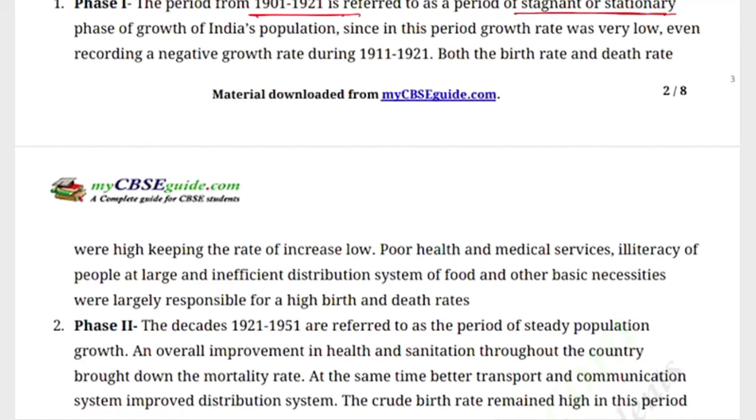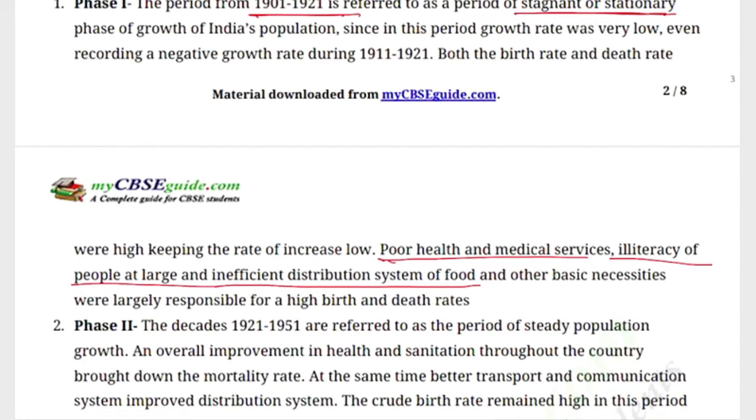And the reason behind this, there were some reasons which cause the low growth: the poor health system, illiteracy of people at large and inefficient distribution system of food.